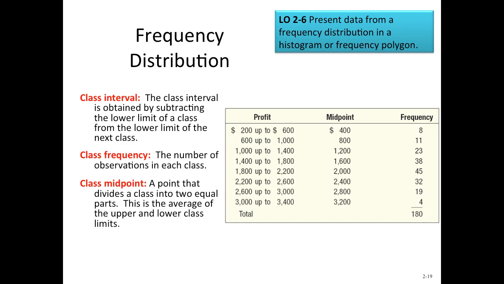And this is an example of a grouped frequency distribution where you have 200 up to 600 and the frequency of how often that occurred. So the class intervals, don't worry about the midpoint or lower or upper limits.